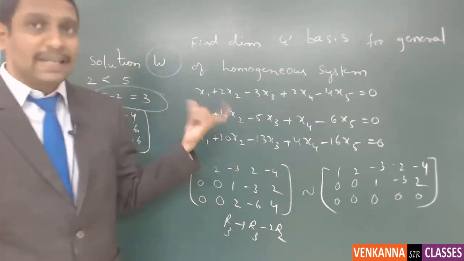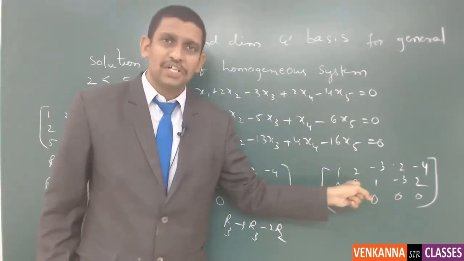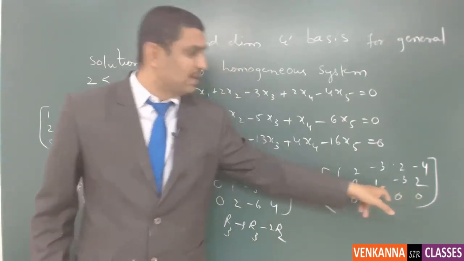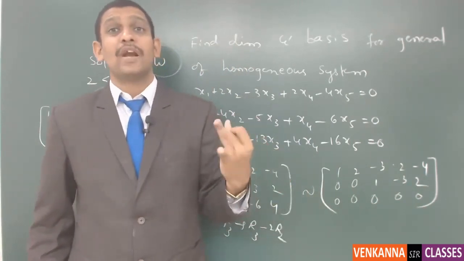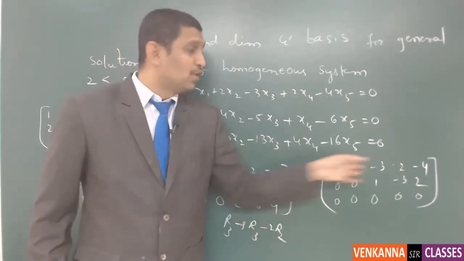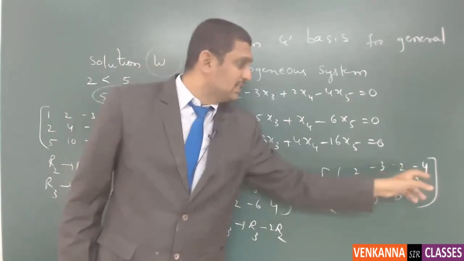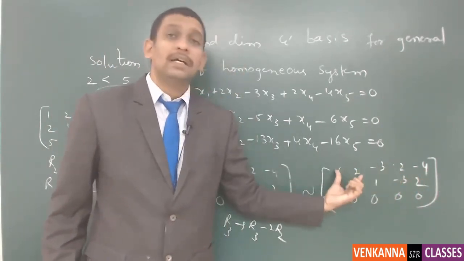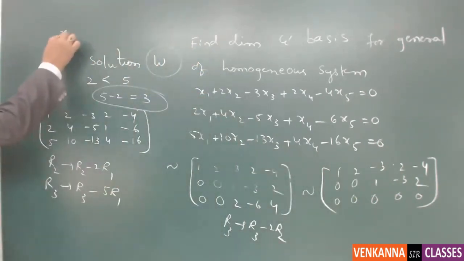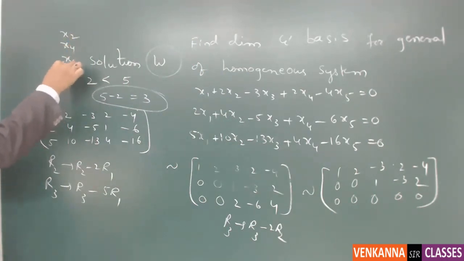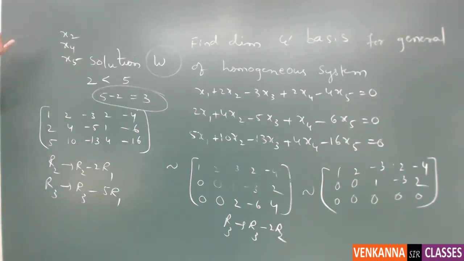But if you take like that, from the second row, these 3 will become constants, and it is not possible to find the values of x1 and x2, because we have only one row left. So for that, you take x2, x4, x5 as the constants. You take them as constants, say a, b, c for our convenience, or you can take k1, k2, k3, whatever it may be.